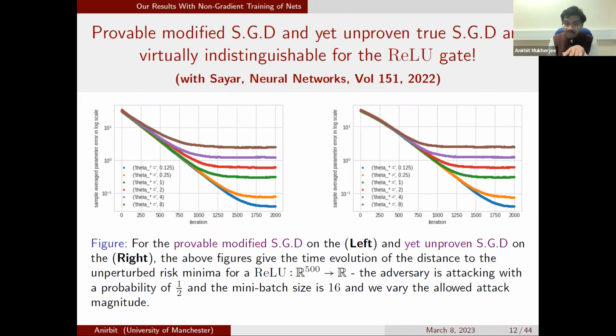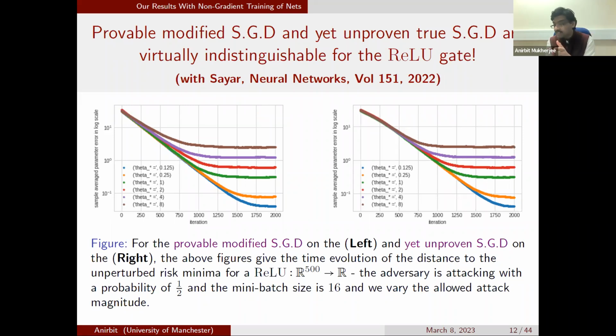The left one is our provable algorithm, and the right one is the true stochastic gradient descent behavior at various different attack thresholds. The theta star is the amount of attack the data poisoning adversary is doing. You can see that the two algorithms' dynamics are largely similar. So somehow I'm able to replicate some properties of SGD's true dynamics while keeping the algorithm provable.